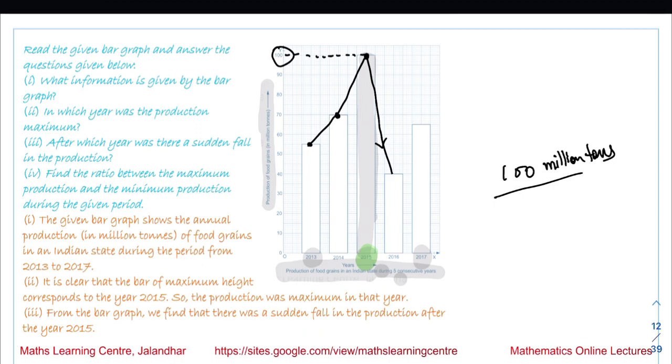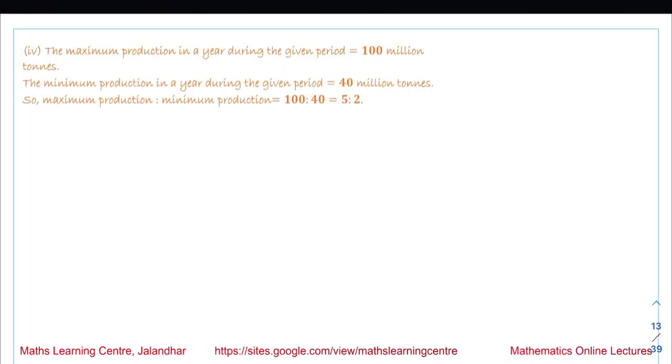The minimum production is in the year 2016, and its value is 40 million tons. So the ratio between maximum and minimum is 5:2. This is represented on our next slide: the ratio of the two values is 5:2.